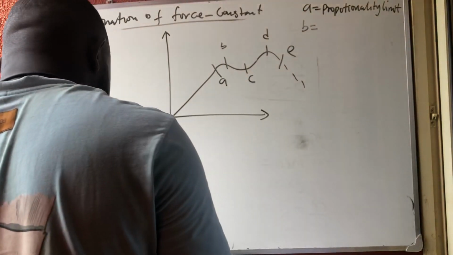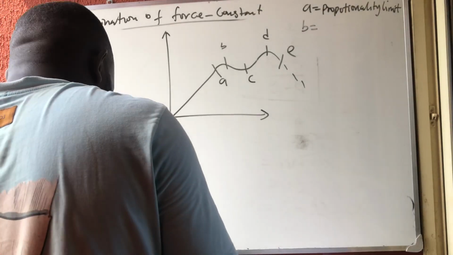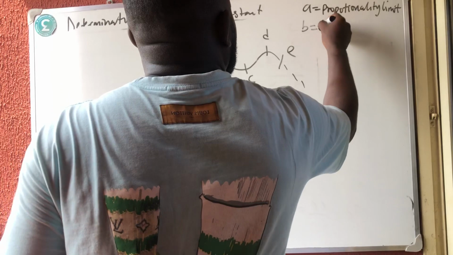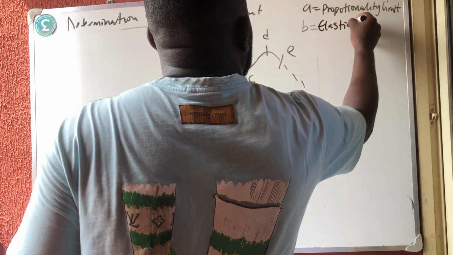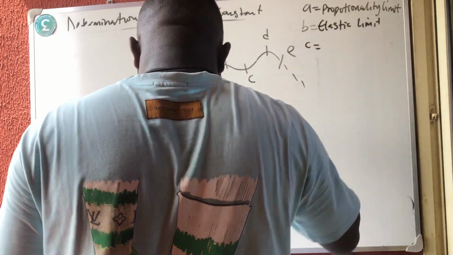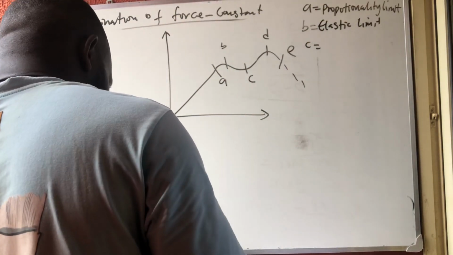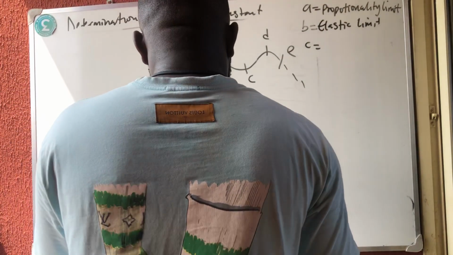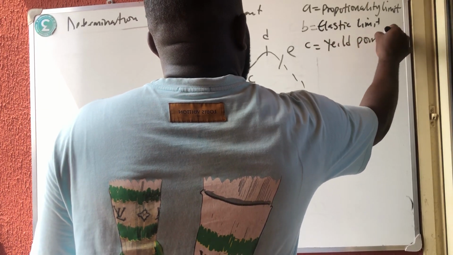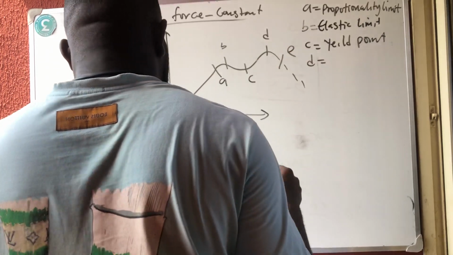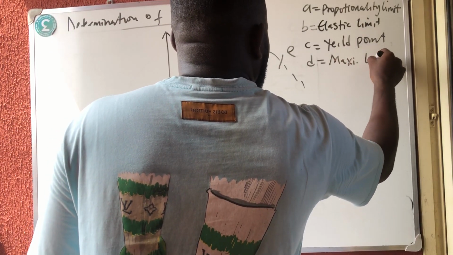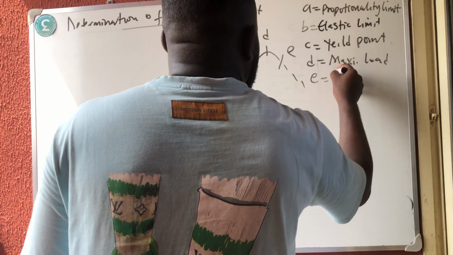B is called the elastic limit. C is called the yield point. D, maximum load. And then E, the breaking point.